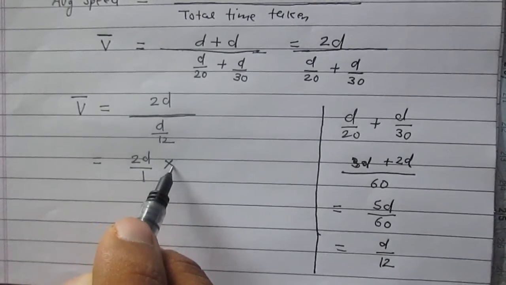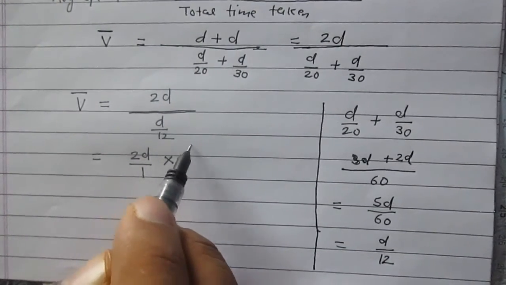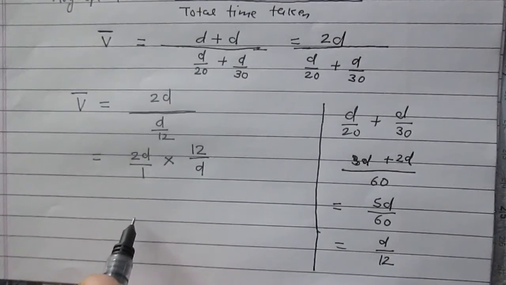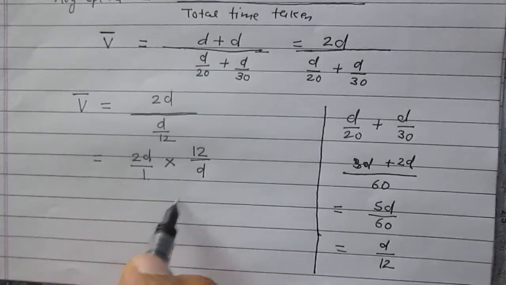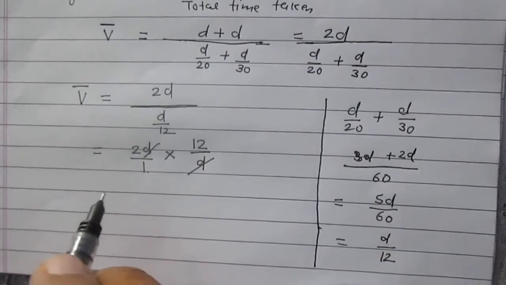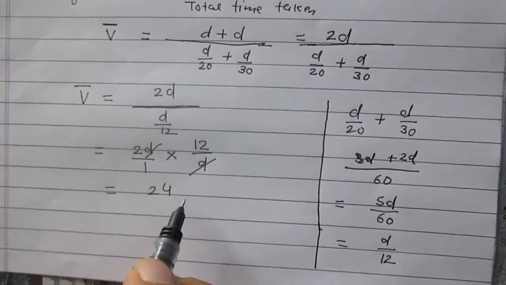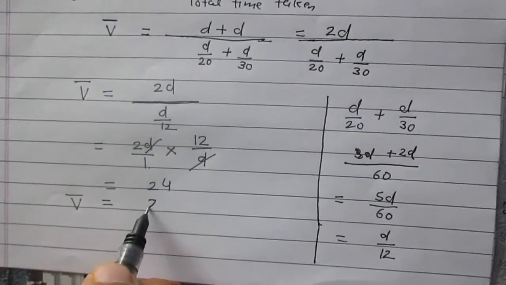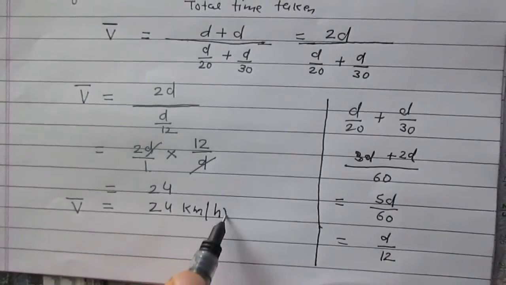The denominator will be reciprocated and it will multiply. So we will multiply 2D upon 1 with 12 divided by D. They will be cancelled. The value is 24. So we can say that the average velocity of the entire trip is 24 km per hour.